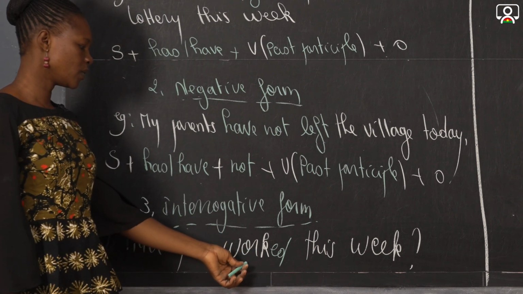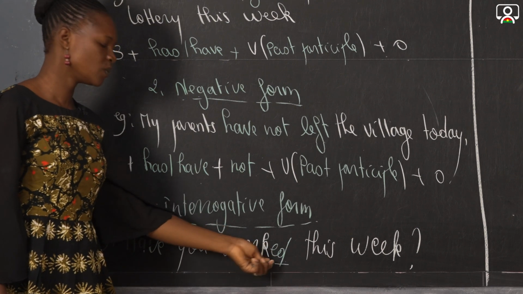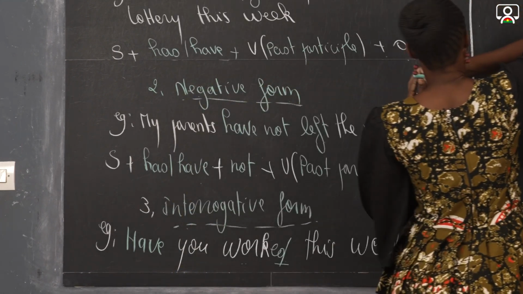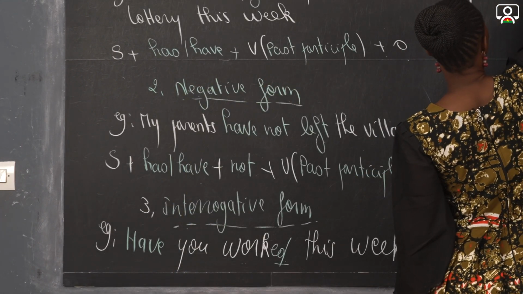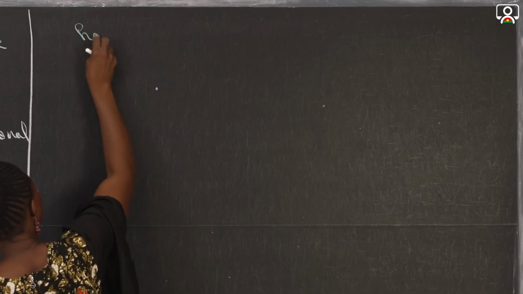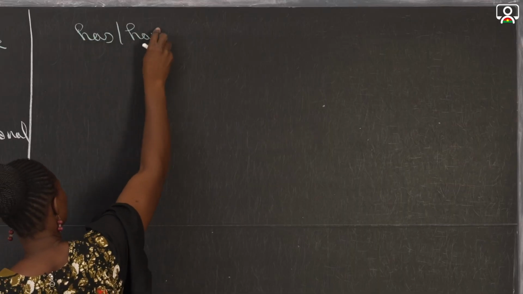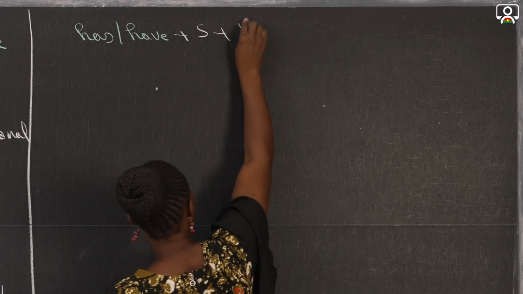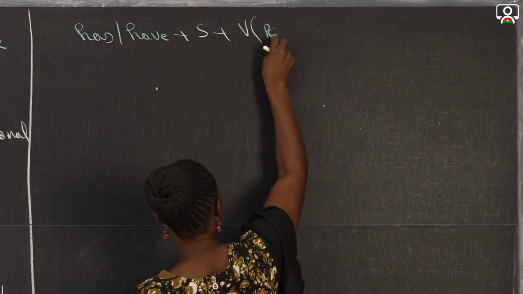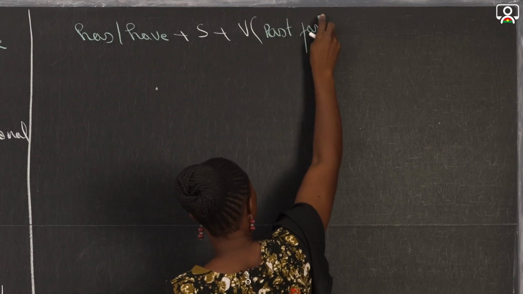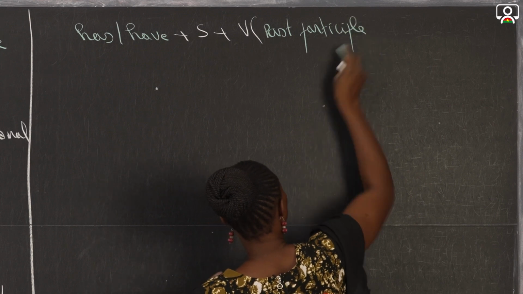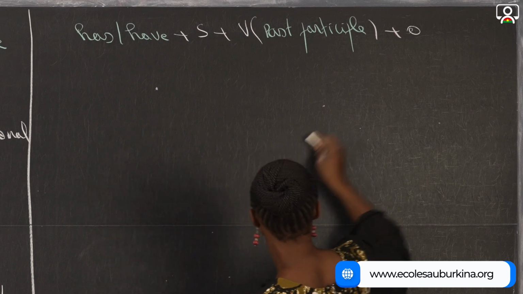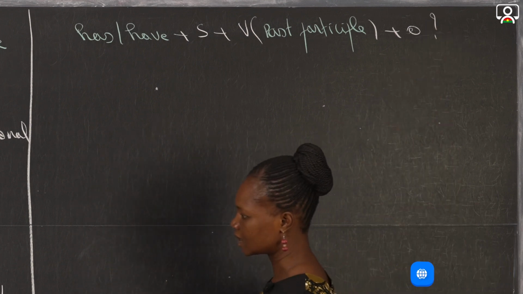To work is a regular verb, so for the past participle, we add ed. As a rule, for the interrogative form, we begin with has or have, plus subject, plus the past participle of the verb, plus object, and the question mark, don't forget it.